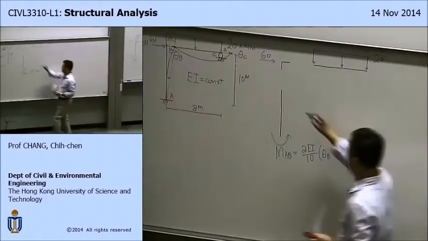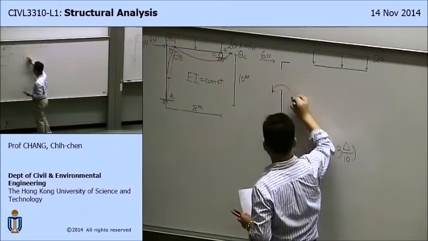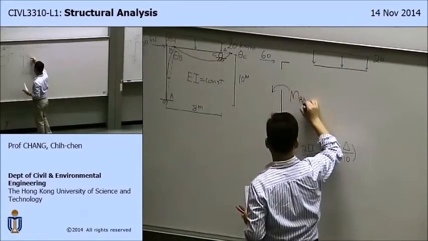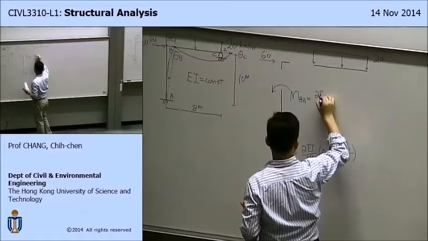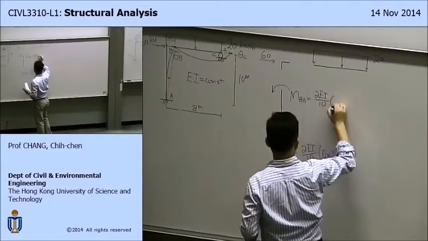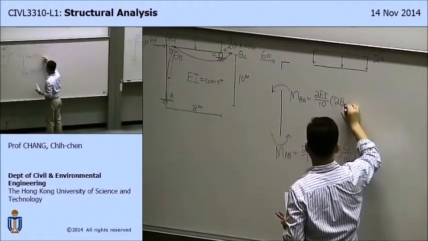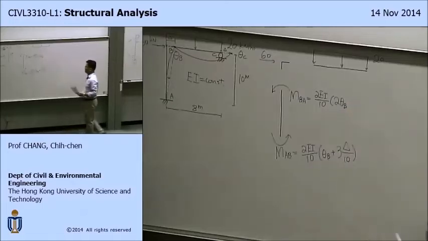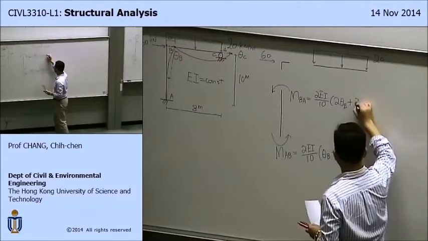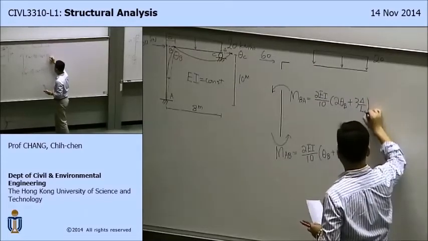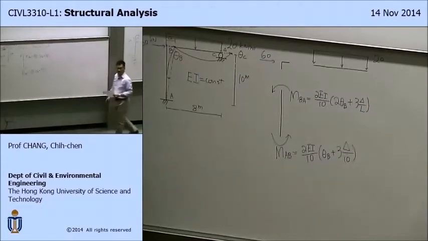All right. So the other end is called MBA, 2EI over L, 2 theta B, no theta A, 3 times the rigid body rotation, and then no fixed end moments.